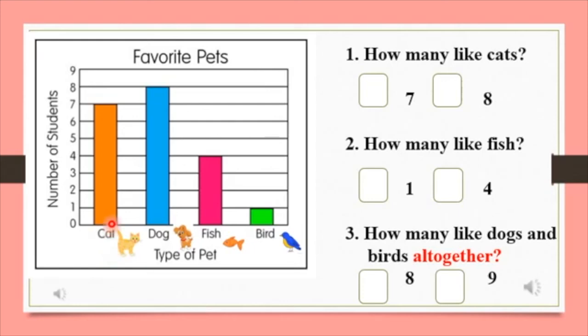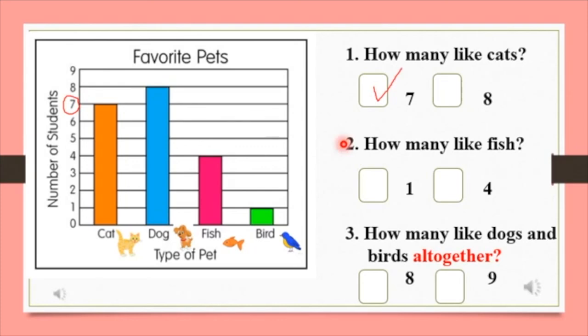Then, move all the way up to the top of the bar. And now, move across the line. How many students like cats? Good job. 7 students like cats. Let's put a tick in the box. Good job.